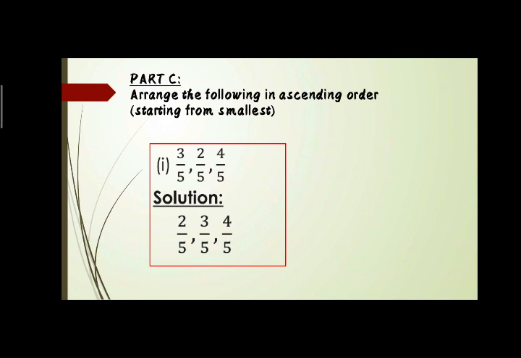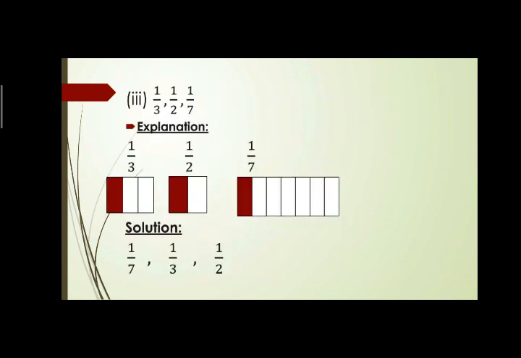It means we arrange this set of numbers in ascending order on the basis of the shaded part, because these are like fractions. 2 upon 5 is the smallest, first, then 3 upon 5 and 4 upon 5. Move to the next part of the same exercise.